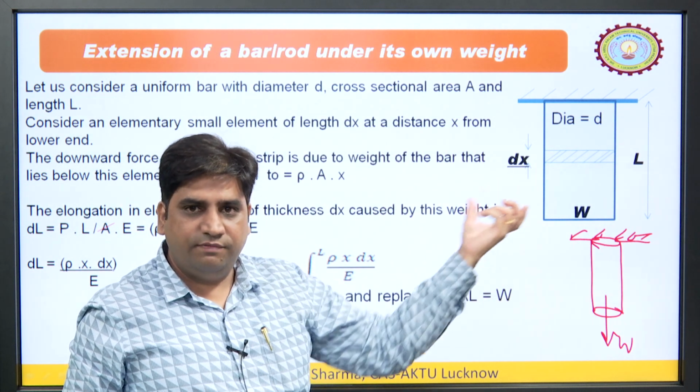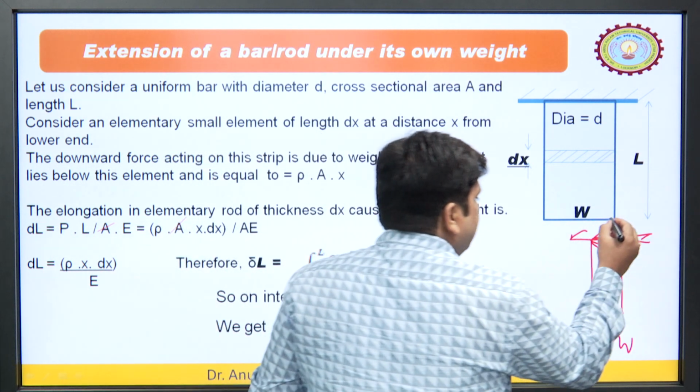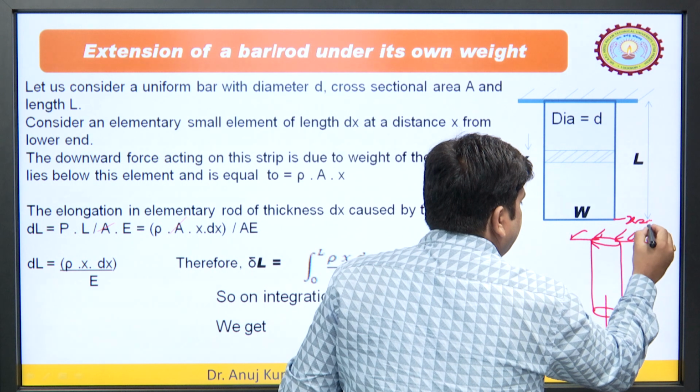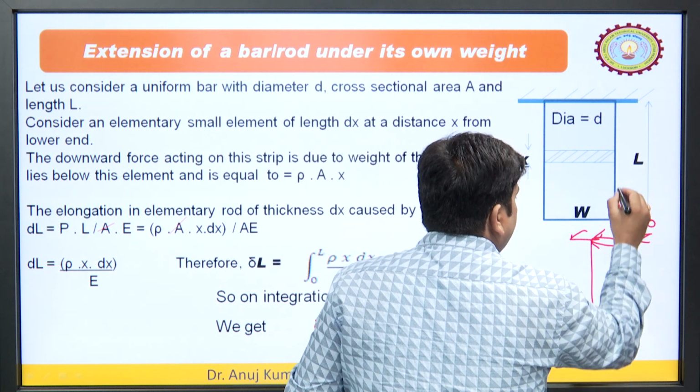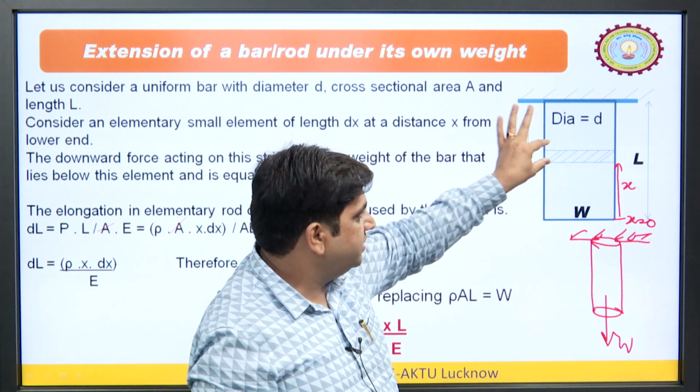We can find out some small elementary element at a distance of x, of thickness dx.